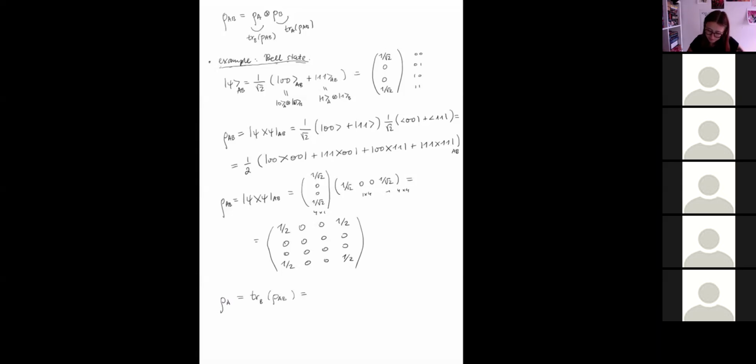And again, how do we do it? We have to sum, so maybe first let me write the definition. We don't do anything on the system A, and on the system B, we need to act with the orthonormal basis.